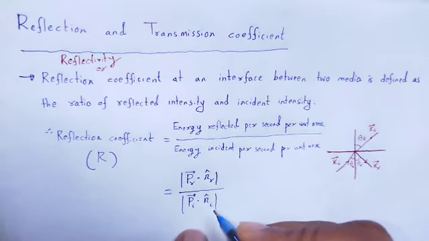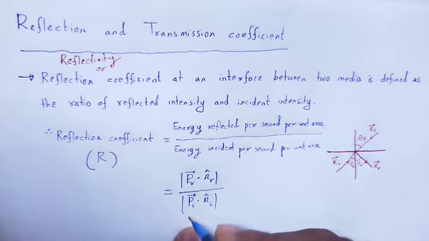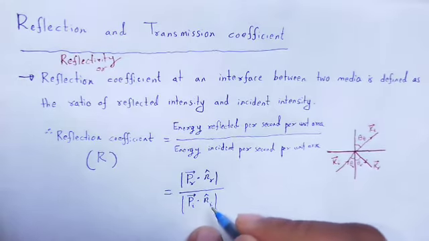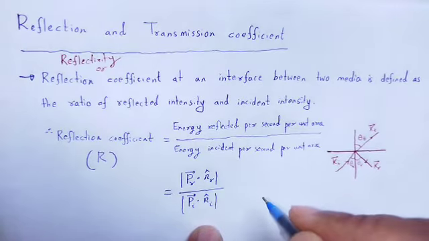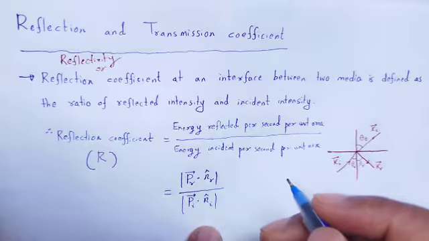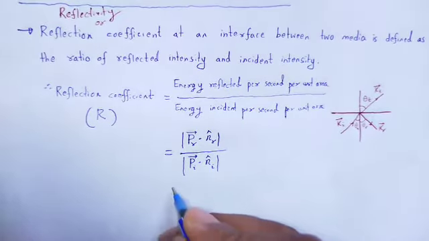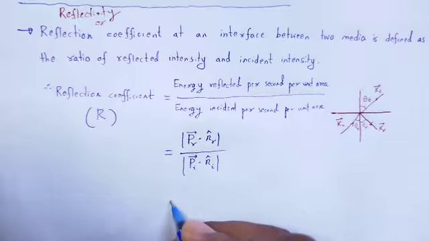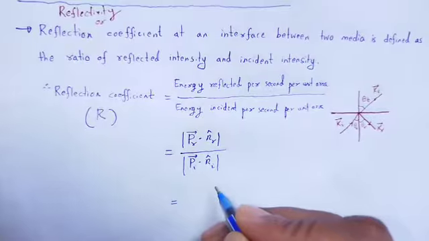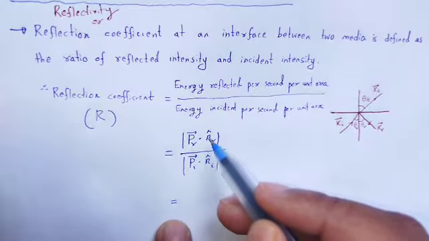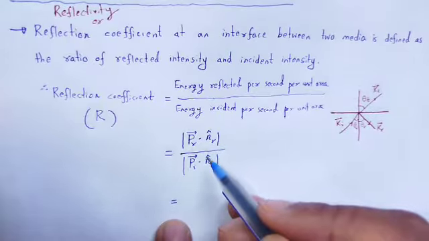P I vector is the Poynting vector for the incident wave at that interface, n I cap is the unit vector along the direction of energy flow in the incident wave.